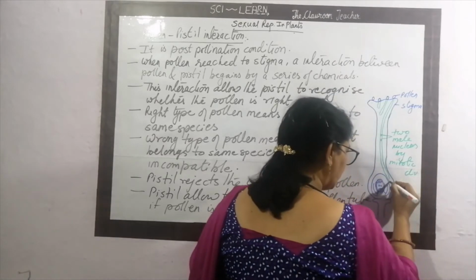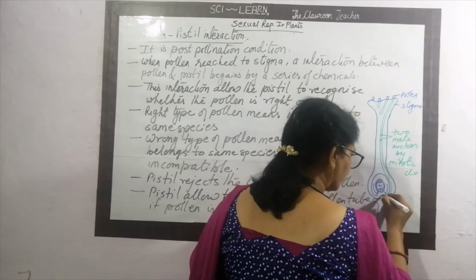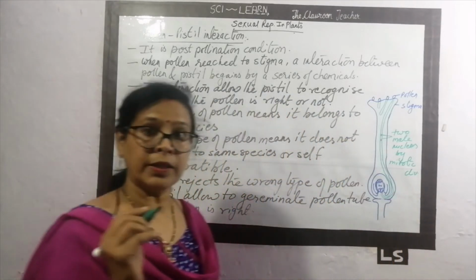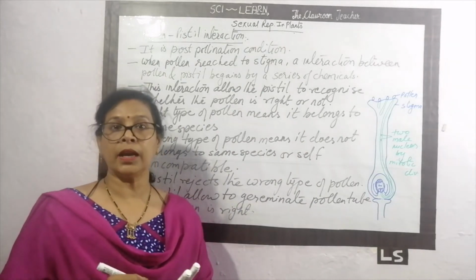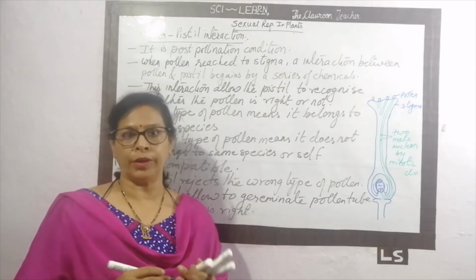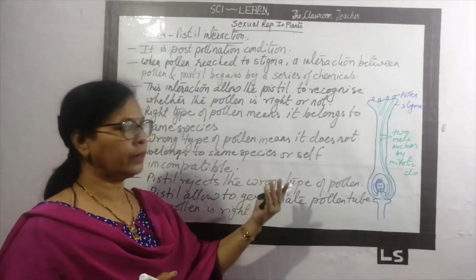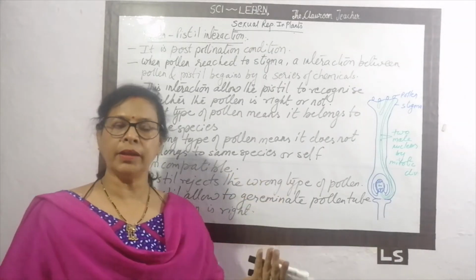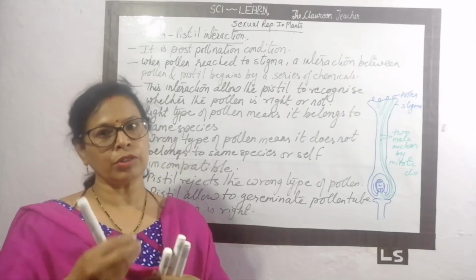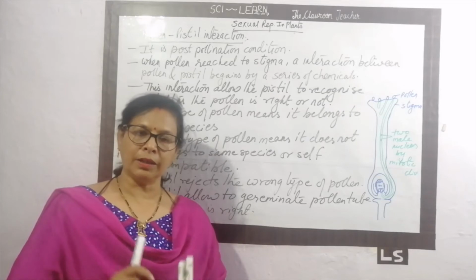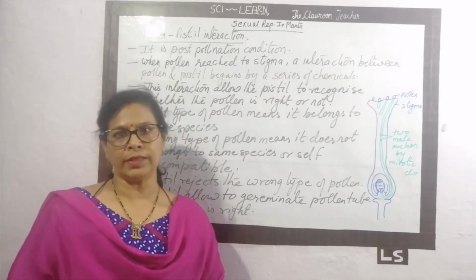Then this pollen tube reaches the micropylar end. This happens only when the pistil allows the pollen tube to germinate. If it is not allowed, then the interaction is completed and the wrong pollen is not allowed to germinate the pollen tube. Hence, the pollen tube is germinated only when the right pollen is there.